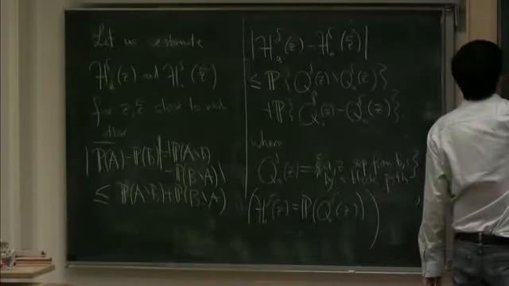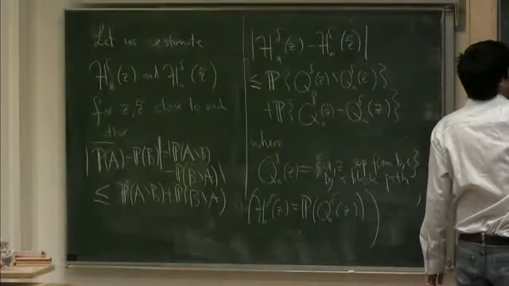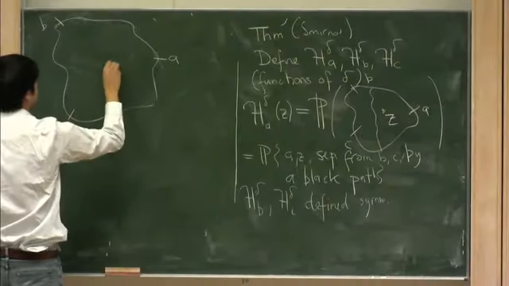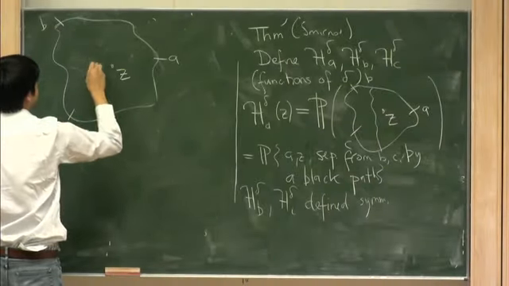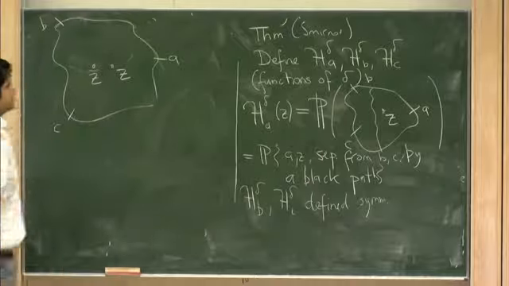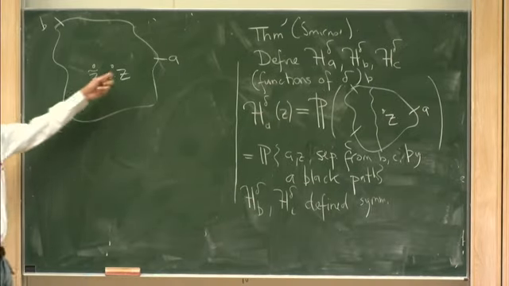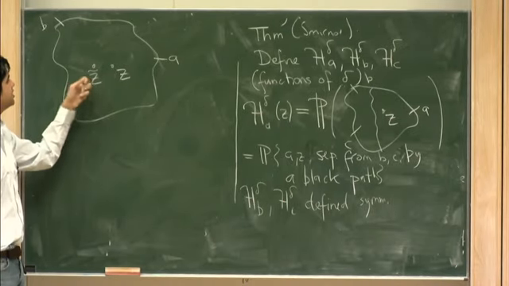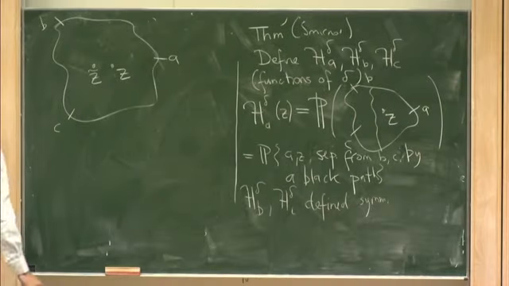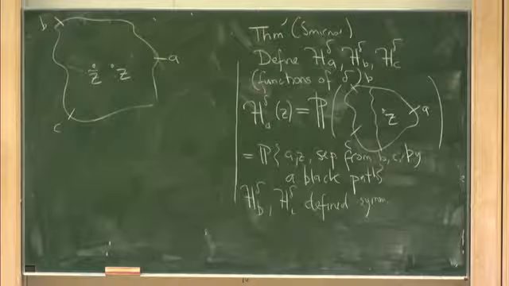So here is the domain, with A, B, C, z, z tilde. We are comparing the value of H A delta at z and the value of H A delta at z tilde, and so we have this inequality, and we try to bound the probability of both events. So let's look at what this event means.